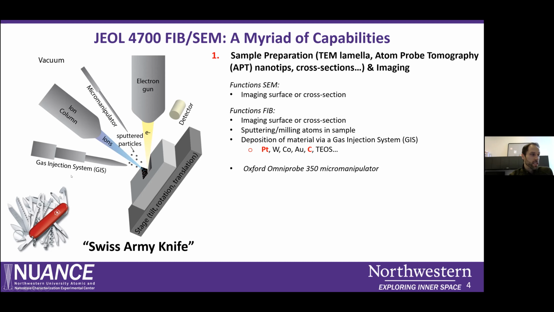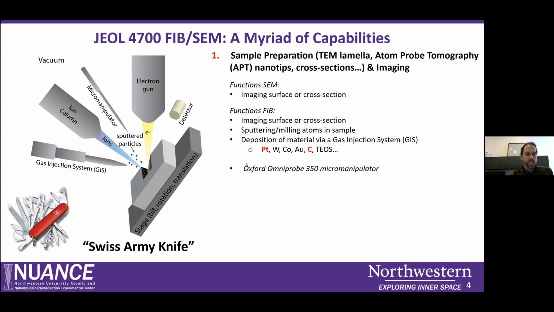So here you can see this gas injection system, which then typically emits organometallic material, which has a volatile component and a non-volatile component. So the volatile component is typically organic that gets removed, but you end up with deposition of, for example, different types of metals. And in the 4700, we have platinum currently available, but we also have carbon that can be deposited.